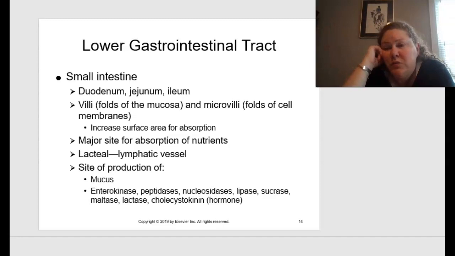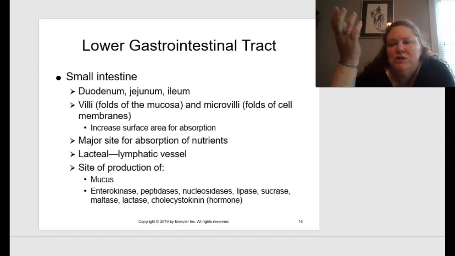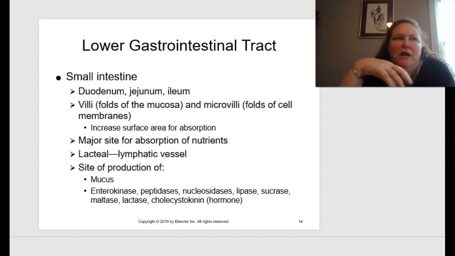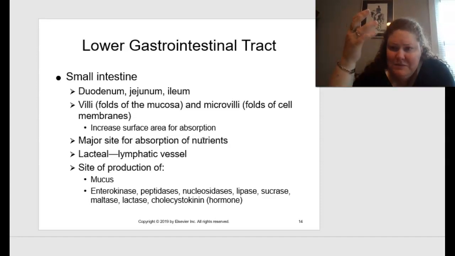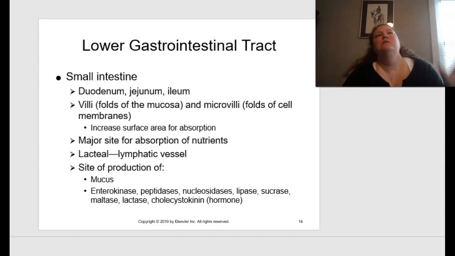This is really important because the main function is that it increases surface area. If we increase surface area, the digestive enzymes can get to the membrane surface easier, and it can absorb more, quicker and faster.